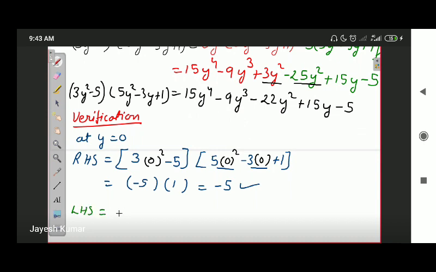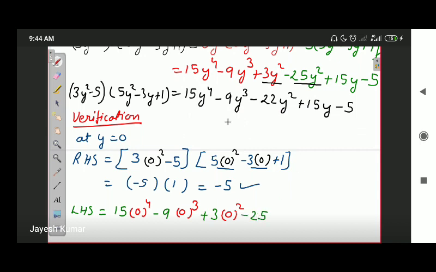So for LHS, in place of y we are going to write 0. So this is 15 times 0 to the power 4, minus 9 times 0 to the power 3, plus 3 times 0 to the power 2, minus 25.